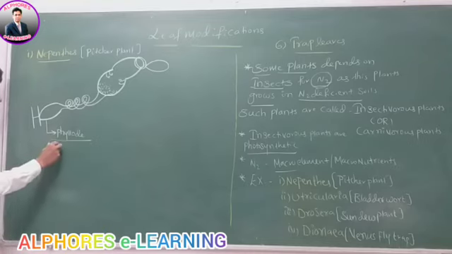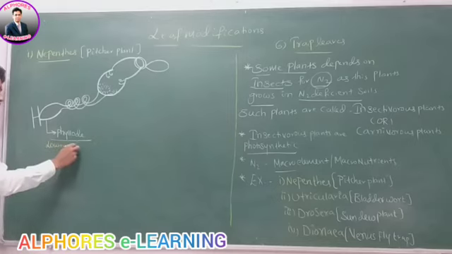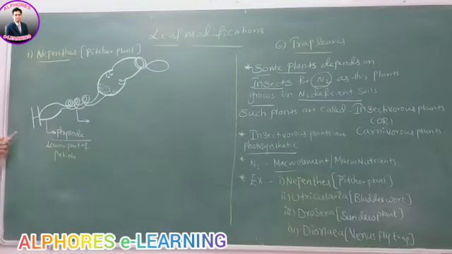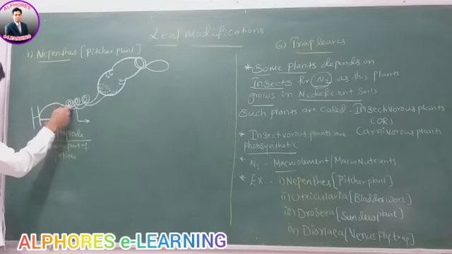This is the upper part of the petiole. It is modified into a tendril, a leaf tendril. It is a part of the leaf.